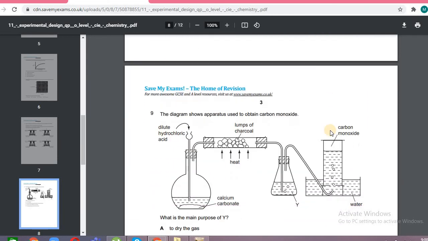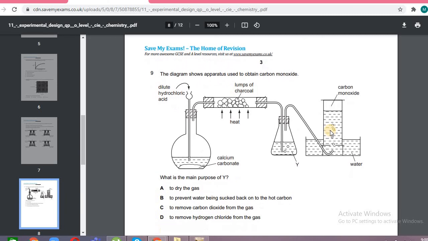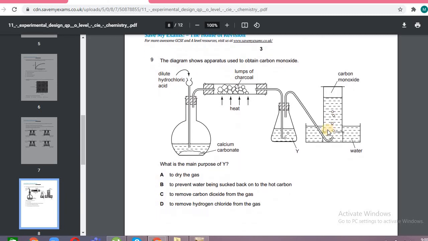Question number 9, they have given us a setup of apparatus where the reaction has taken place to obtain carbon monoxide. The question asked is, what is the main purpose of Y? As we know through the bubbling, carbon monoxide is insoluble in water. And the heat is being given from here.